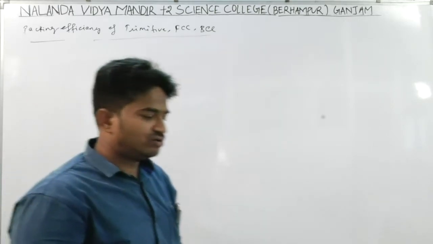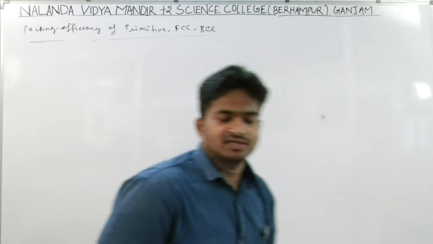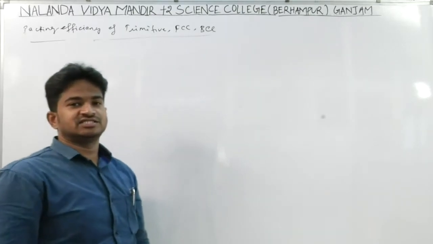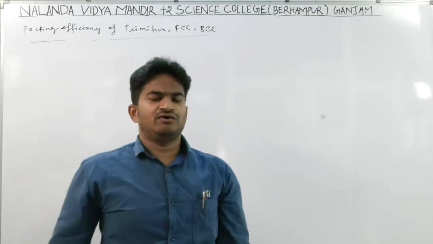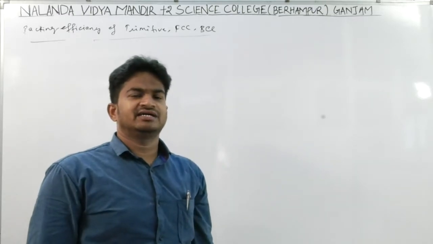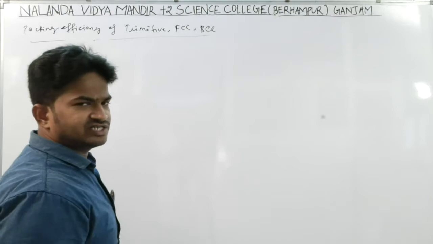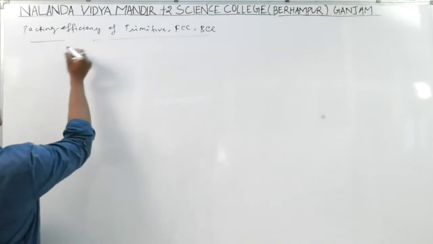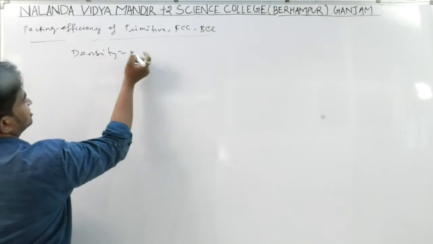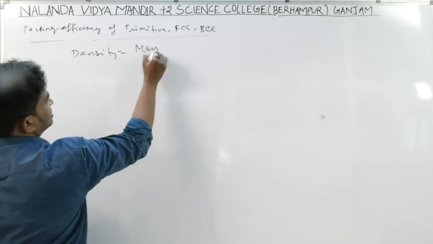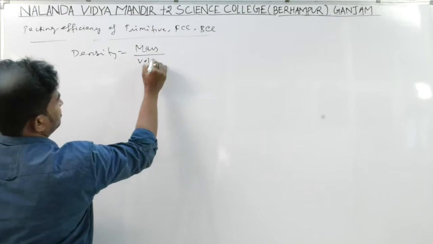Now we are going to discuss the density of a solid. How can the density of a crystalline solid be calculated? As we know, the density formula is density equals mass divided by volume.